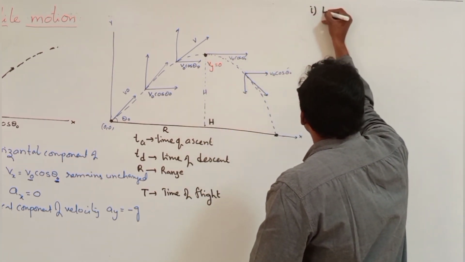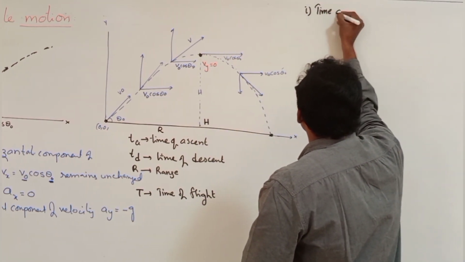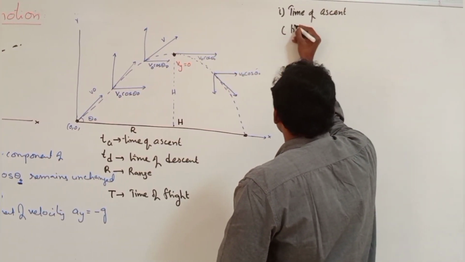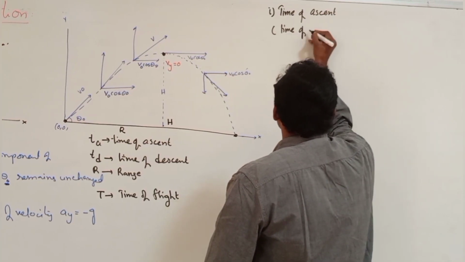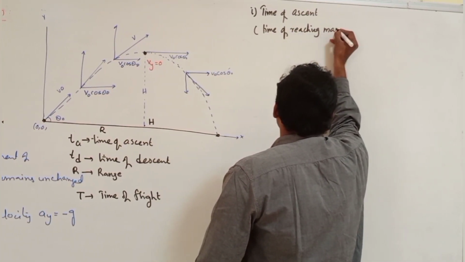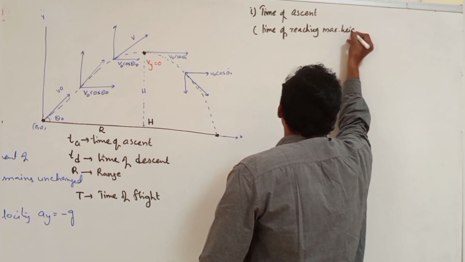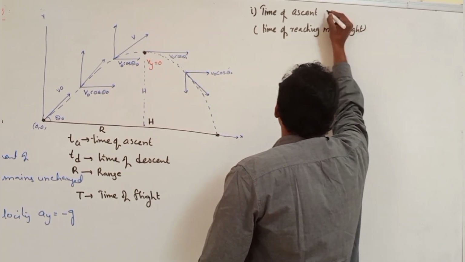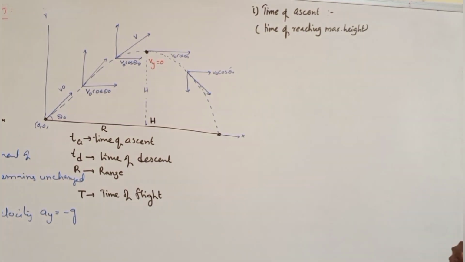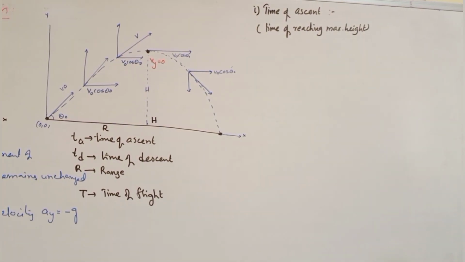First one, time of ascent, or simply you can understand it as time of reaching maximum height. Right. We apply the equations of motion in the horizontal direction and vertical direction.